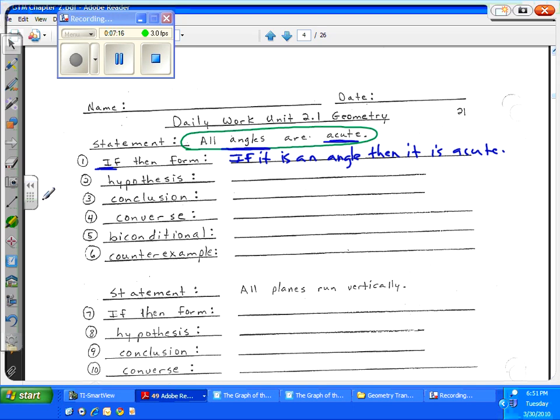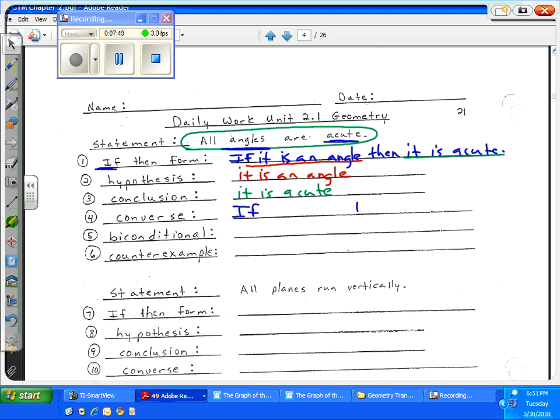The hypothesis is the if part without the if. It is an angle. The conclusion is the then part without the then. It is acute. To write the converse, we would switch the if part and the then part. We'd switch the hypothesis and conclusion.